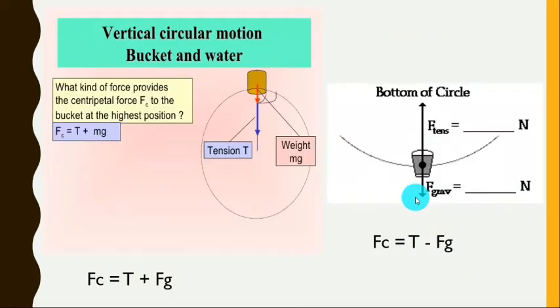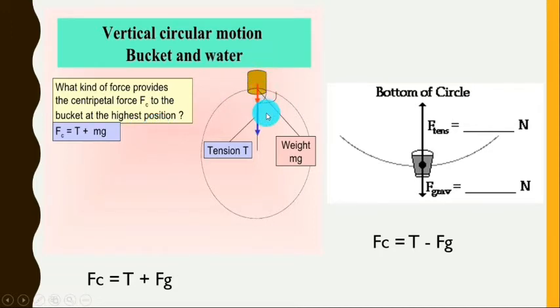Okay, let's study some cases about circular motion that he explained in the video. The first example he talked about was the bucket of water, vertical circular motion of a bucket and water. In this case, what kind of force provides the centripetal force to the bucket at the highest position? At the highest point, what forces do we have?